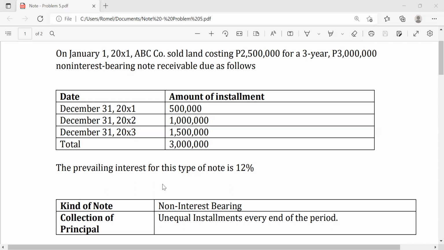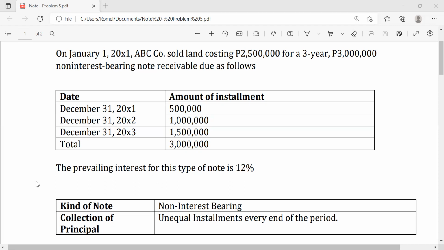So what kind of note is this? This is a non-interest bearing note, because number one, it does not have a stated interest rate. Wala siyang stated interest rate. Therefore, this is a non-interest bearing note. Next is collection of principal.